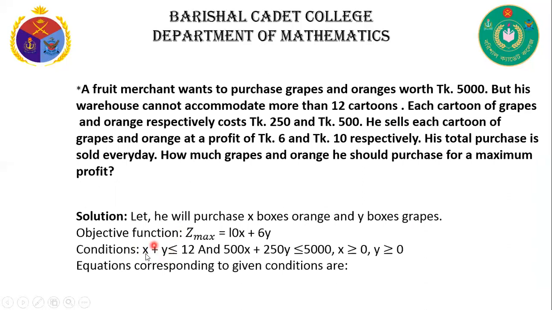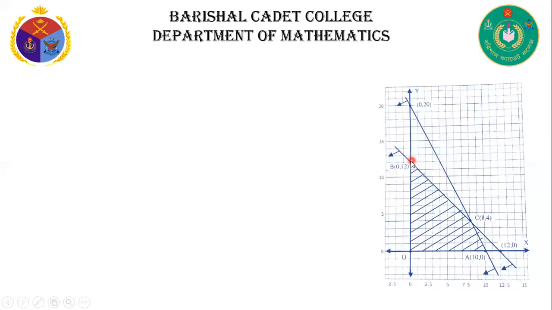If the condition is satisfied, if it is true, then the direction is on the same side of the line as the test point. Otherwise, it is not. Here, if we put x 0, y 0, that means 0 less than or equal to 12. This is true. And here, if we put 0 and 0, that means 0 less than or equal to 5,000. That means it's also true.